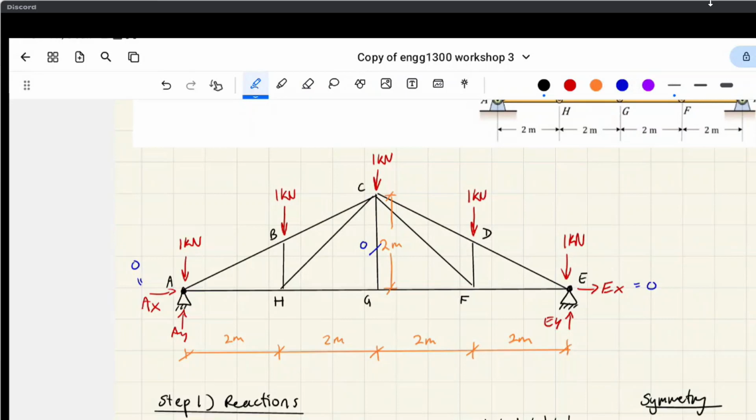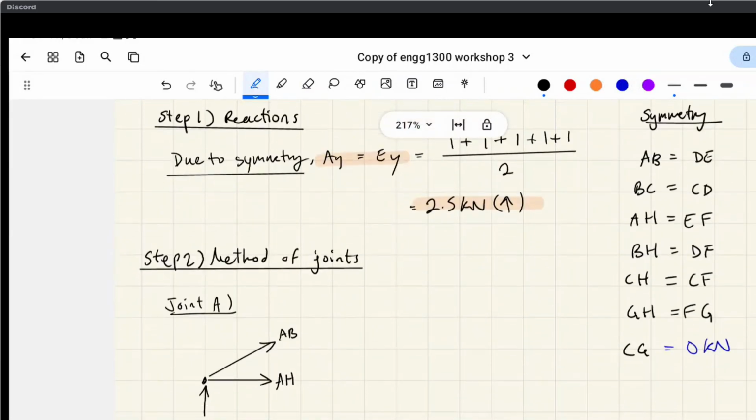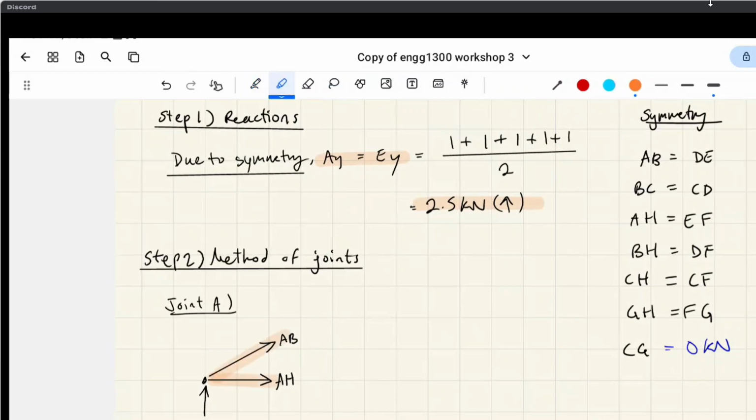Here's the next thing: you want to assume tension, which is facing away from the joint, and roll with this. If you get a negative number, that means you're in compression. So essentially, you should always draw your arrows facing outwards, so as not to confuse yourself with the sign convention later on.